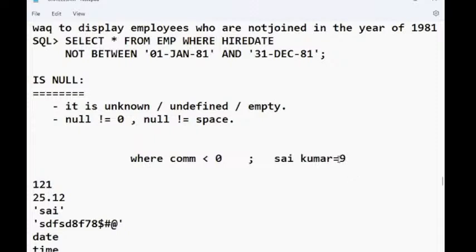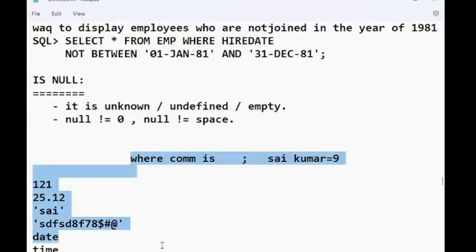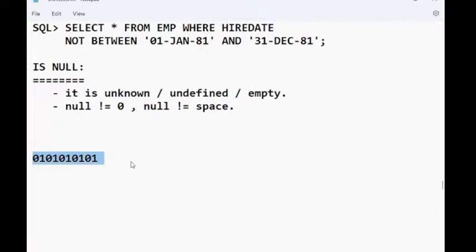Countable means it is a value. So null is not equal to space, not equal to 0. And how can I find these empty blocks? There is only one thing, that is IS. This is the reason why we are using the IS keyword.